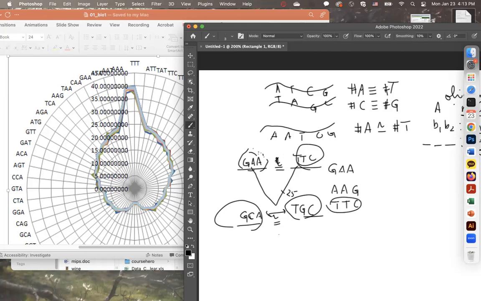So these are the reverse complements. As long as the oligomers have this reverse complement relationship, their properties turn out to be about the same as far as the count goes.